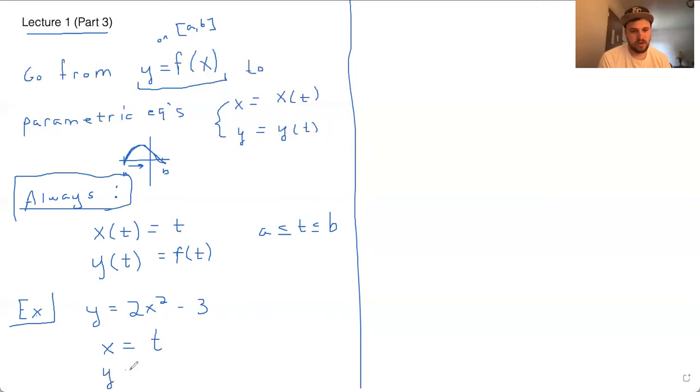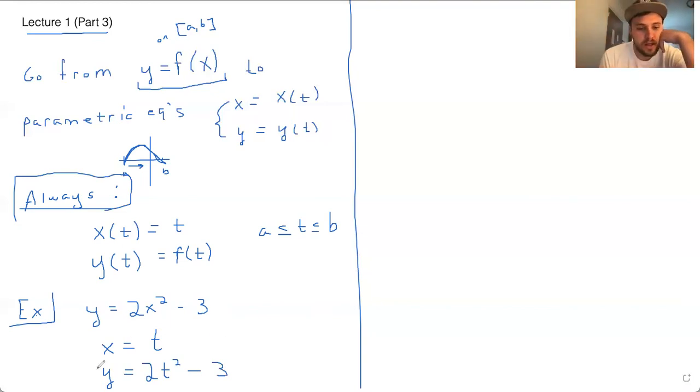Let's let y be f of t, right? So we just replaced x with t, so that's 2t squared minus 3.